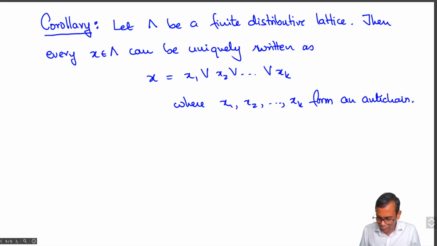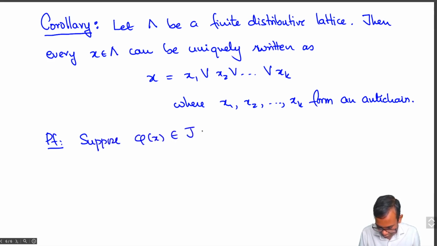And one way to understand this is to just say that suppose phi of x, this is in Jp where p is the set of join-irreducible elements of x, has max phi. So phi x is in Jp and max phi x.